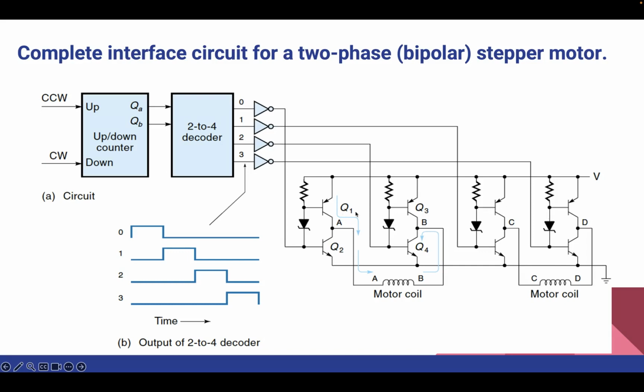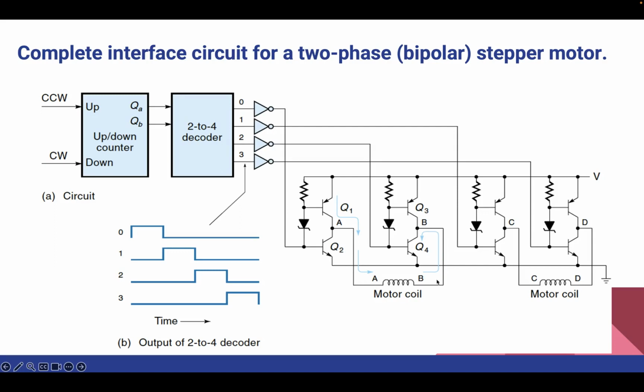When Q1 and Q4 are activated, current flows through the motor coil in one direction, as indicated from left to right. Conversely, activating Q3 and Q2, in the reverse polarity, causes the current to flow in the opposite direction through the motor coil, right to left.